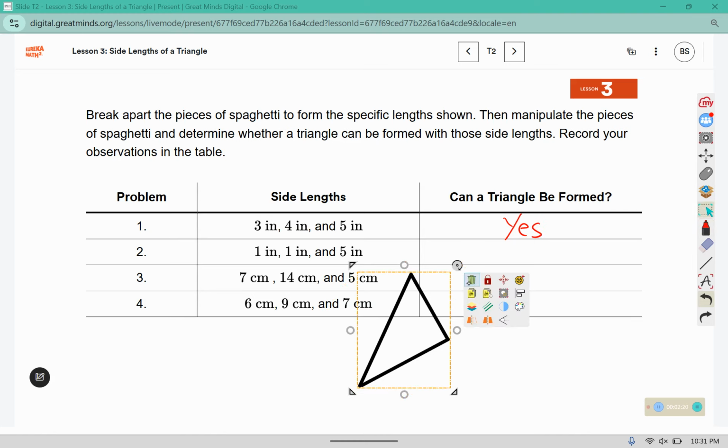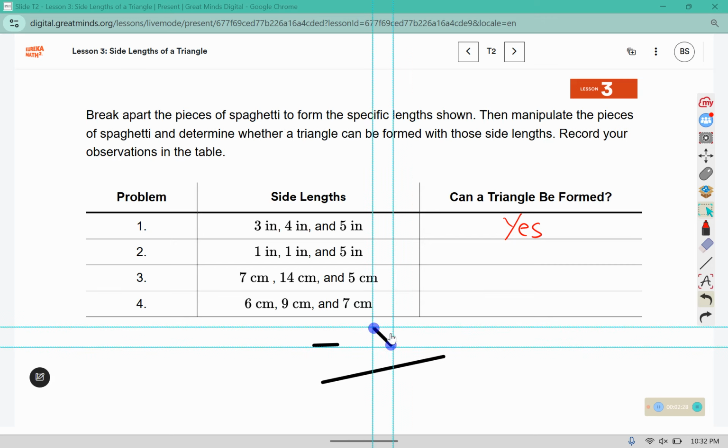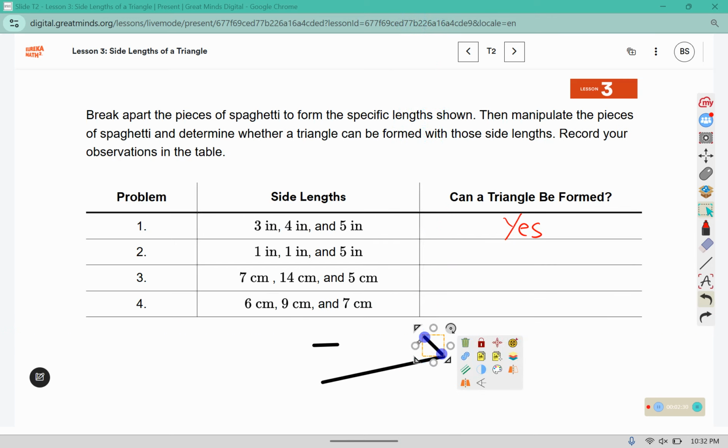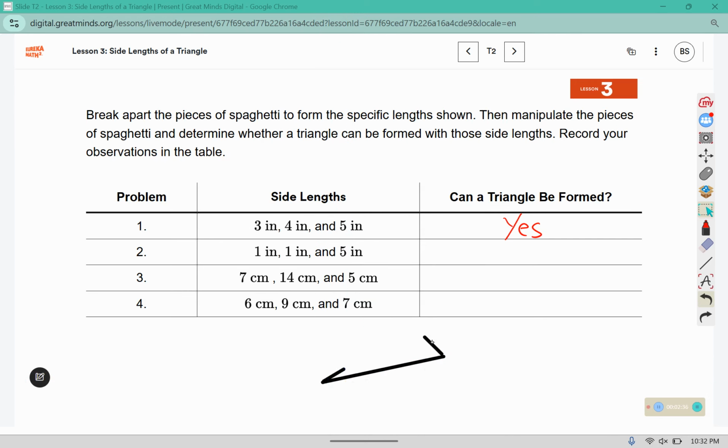Now let's do 1, 1, and 5. If I place this one over here and this one over here, this endpoint needs to end up over here.